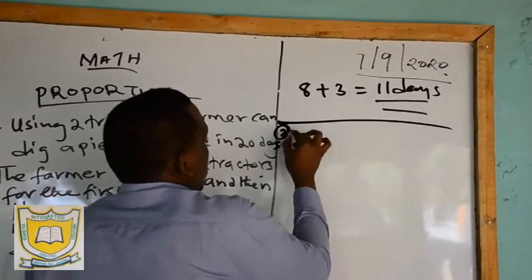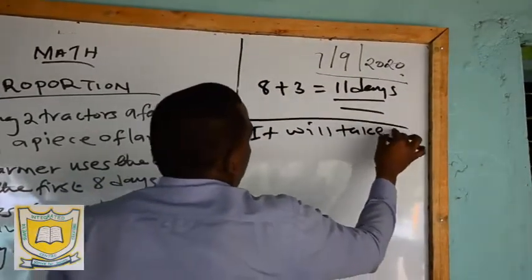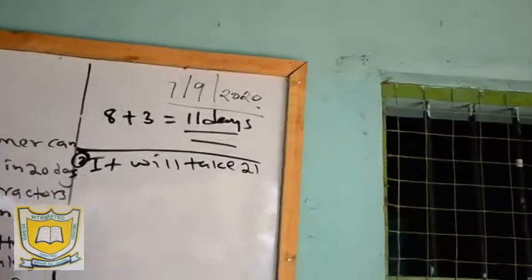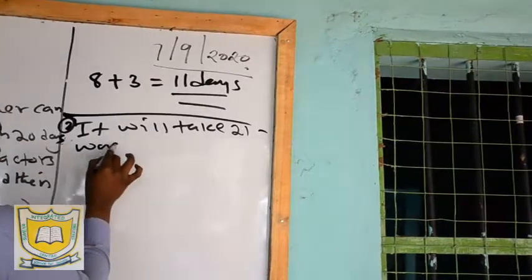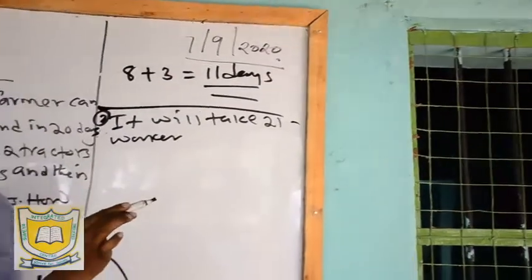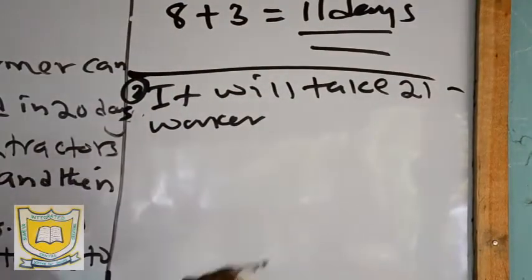Question 2. It will take 21 workers 60 days to build a bridge.